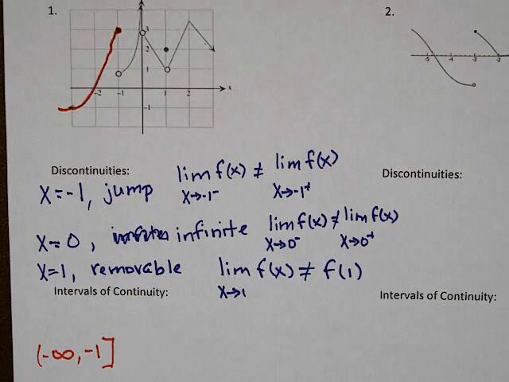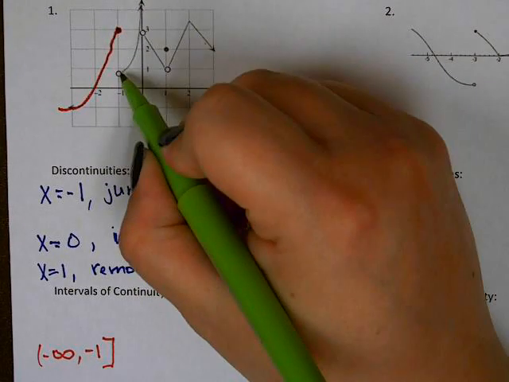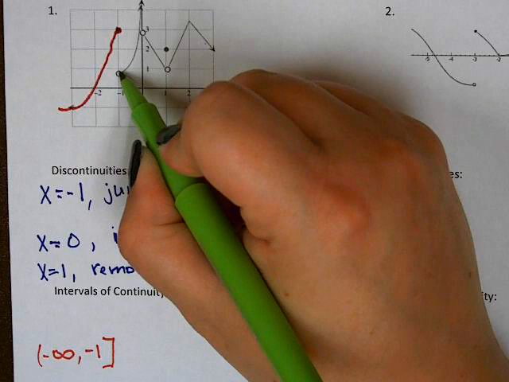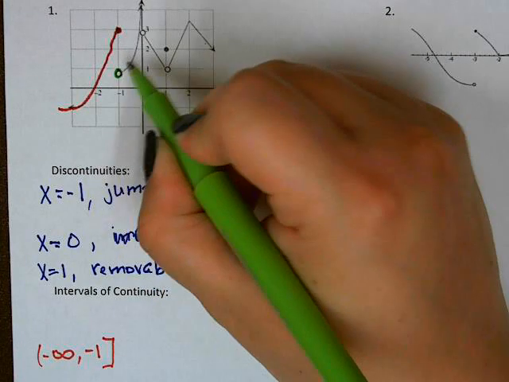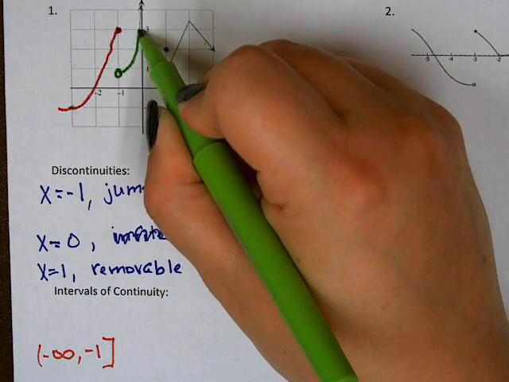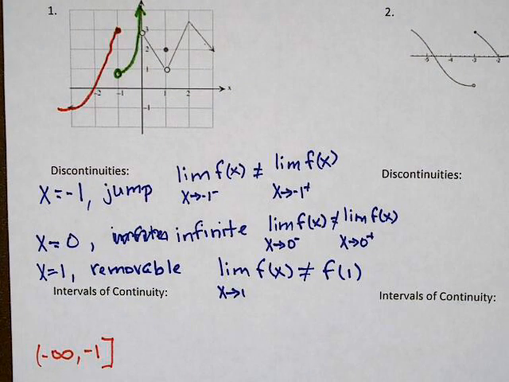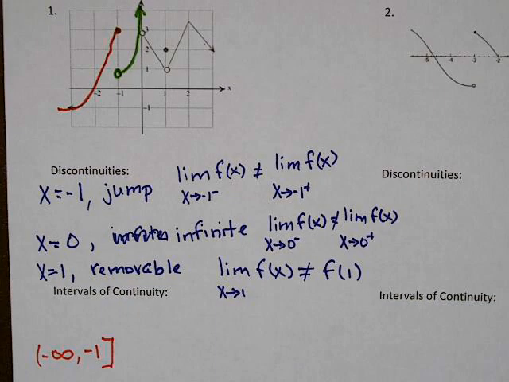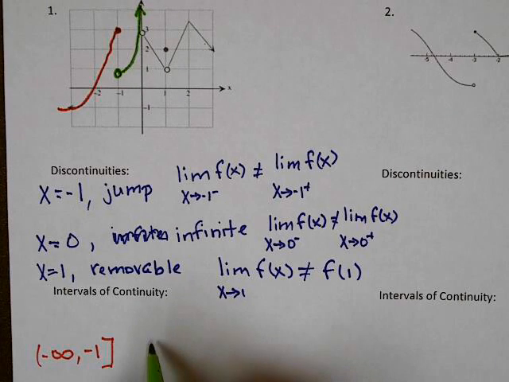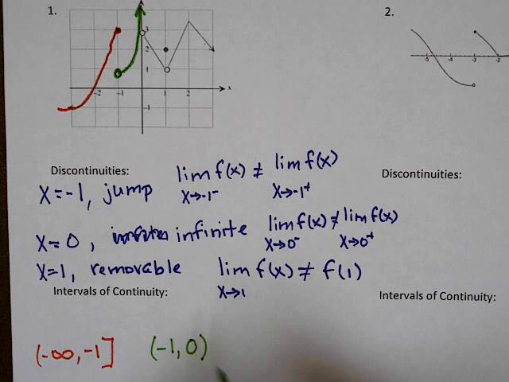Then let's look at the next chunk. Well, from -1, we have an open circle, and then we're approaching infinity, and we're approaching an x value of 0, which means that one is actually -1 to 0, and both of those are going to have parentheses because they are not included.